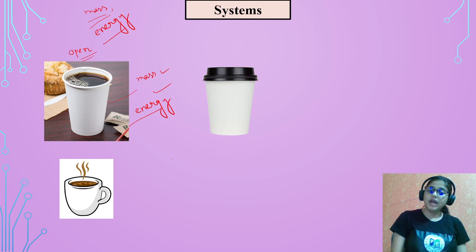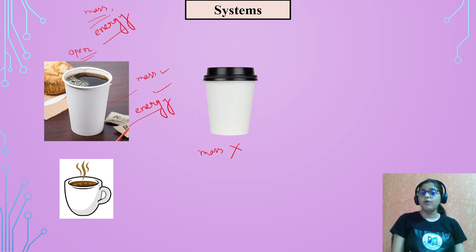So now mass changing is not there. But energy change will be there, because if you touch the wall of the glass or cup, you will find that it is hot. That means it is transferring heat to the surroundings. Fine. So this kind of system is called a closed system.